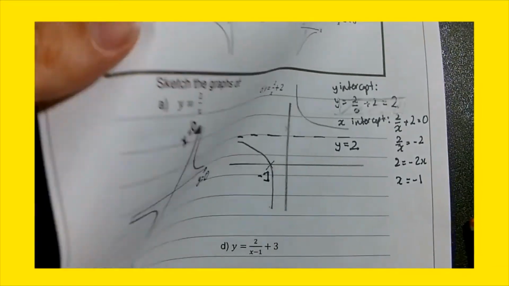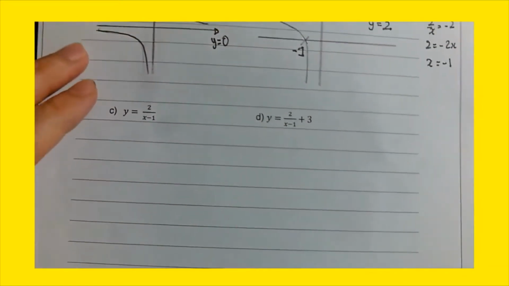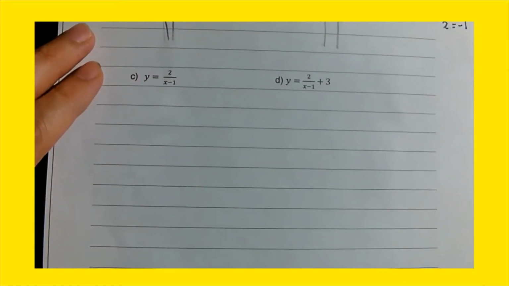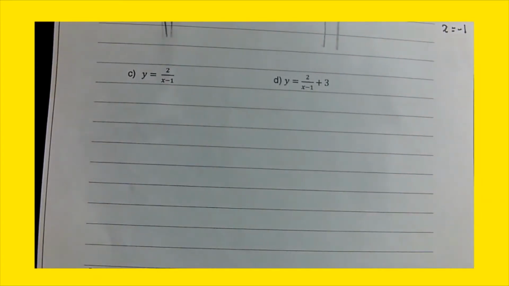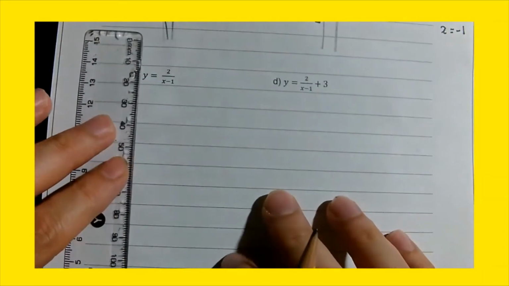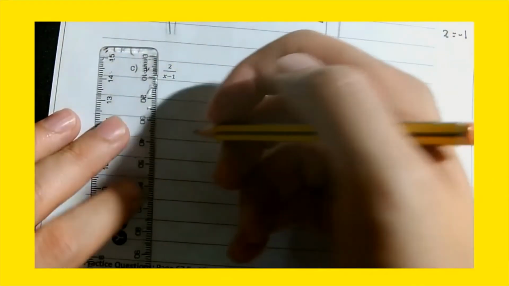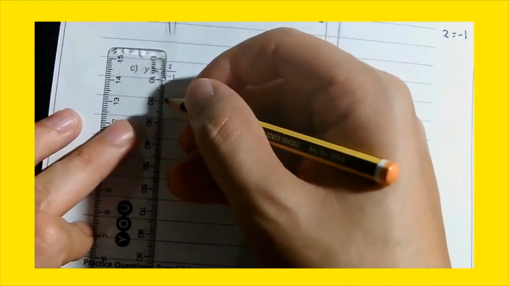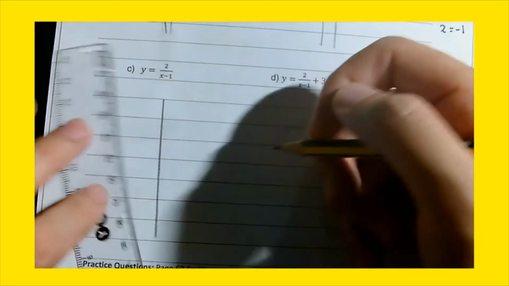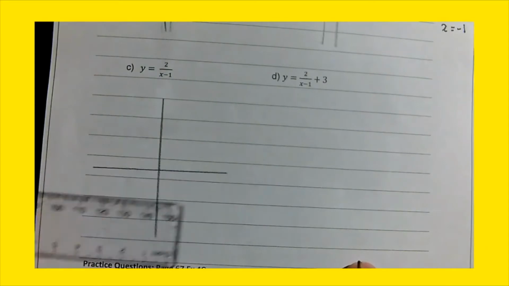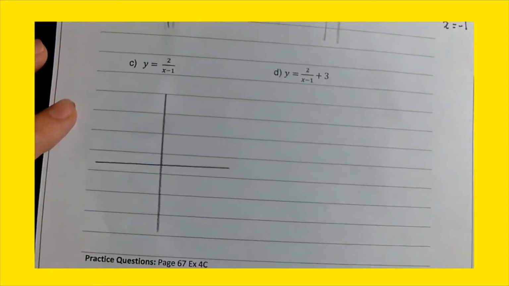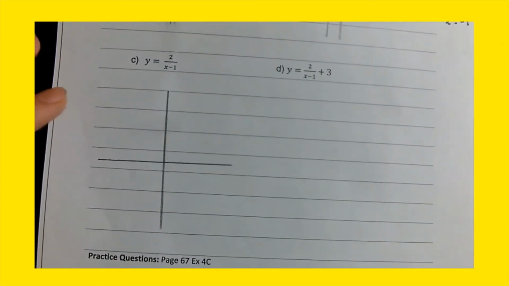Now we'll come down to this graph here, C and D. So we've got 2 over x plus -1, that is 2 over x minus 1. Sometimes it looks like this, x and y axes.